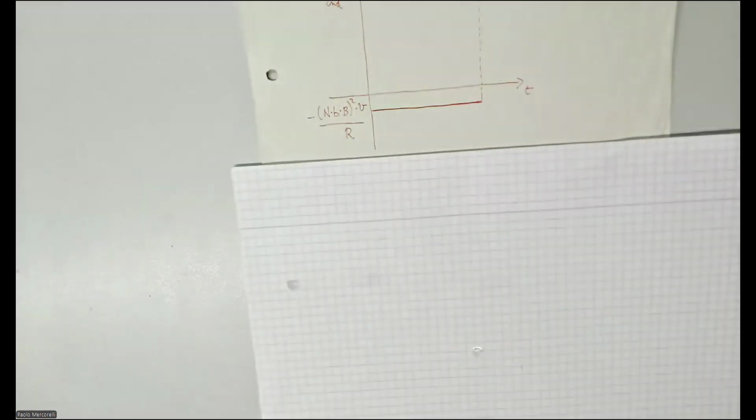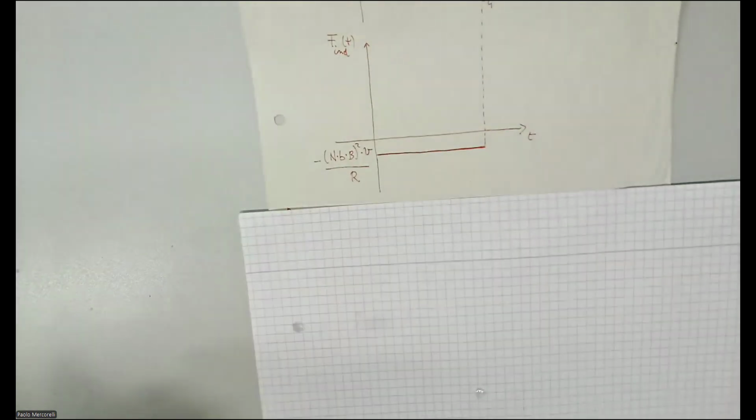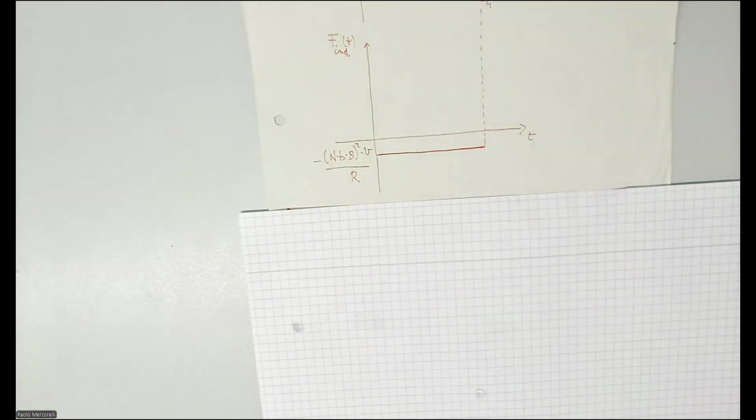What is this? This here is the answer to the question. Please graph the induced force, or the eddy force, or the brake force. In machines, we say brake force. Brake because it's negative.